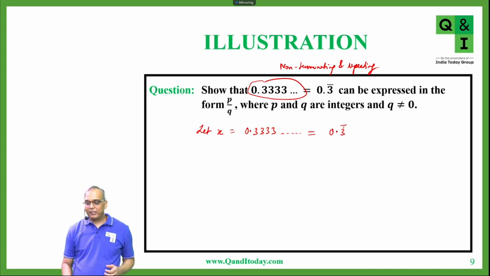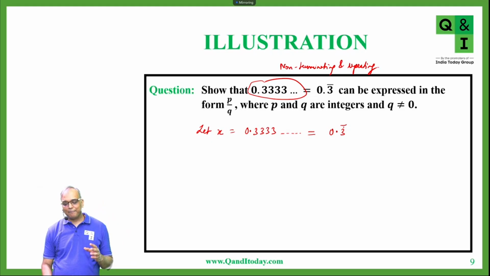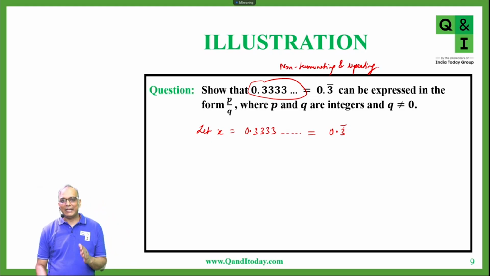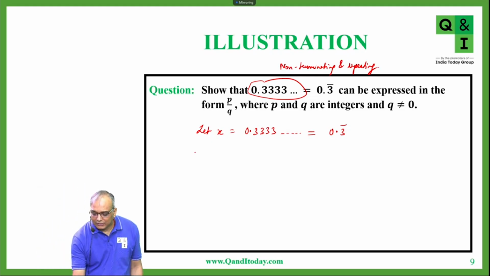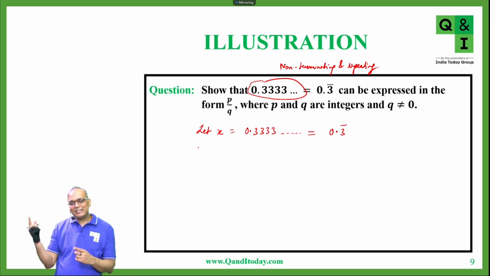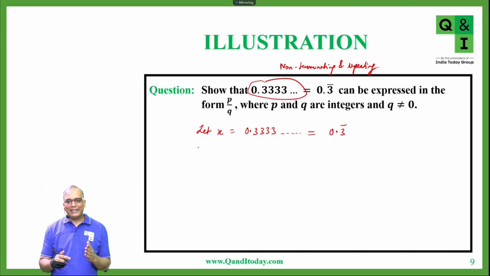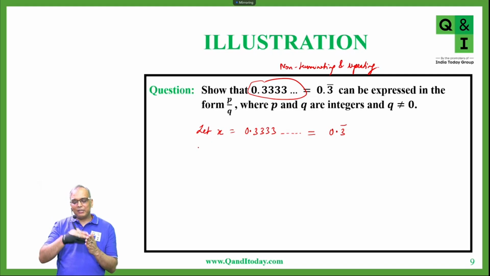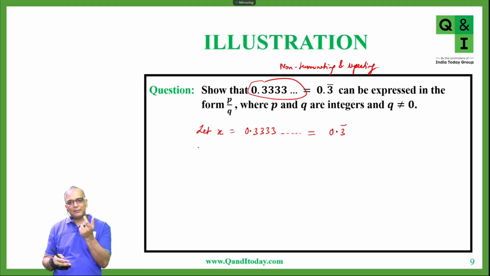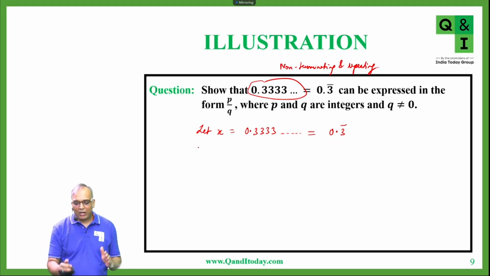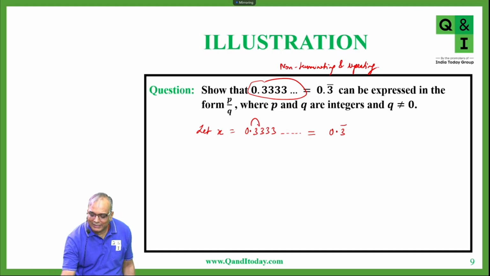Now next we multiply both LHS and RHS by 10, right? Because there is only one digit which is repeating, we are multiplying it by 10. Our idea is to move our decimal point after one repetition. So after one repetition, if I have to move my decimal point here, I'll multiply by 10.